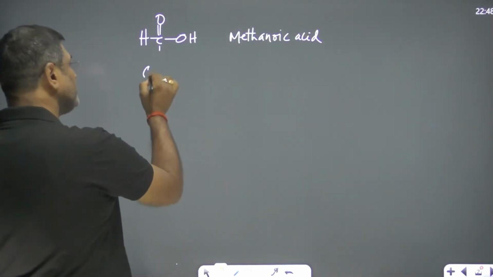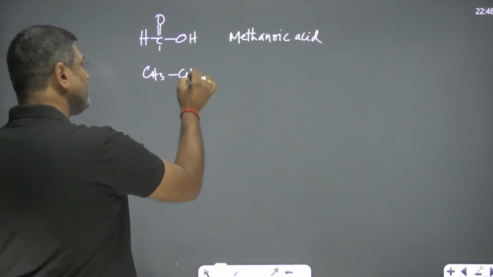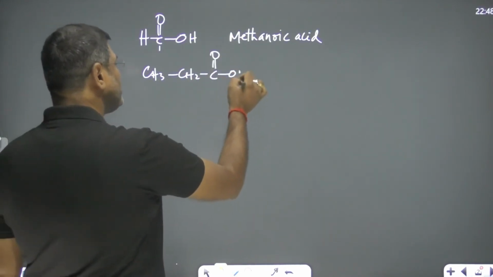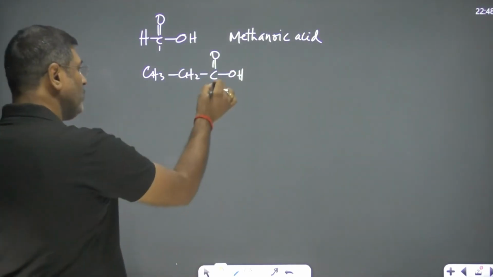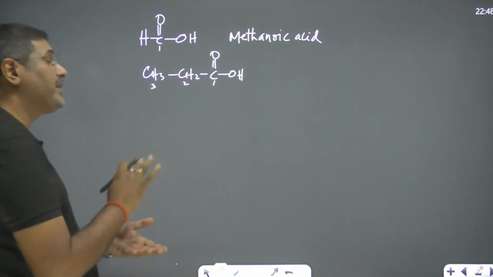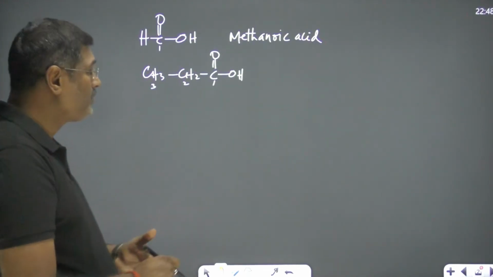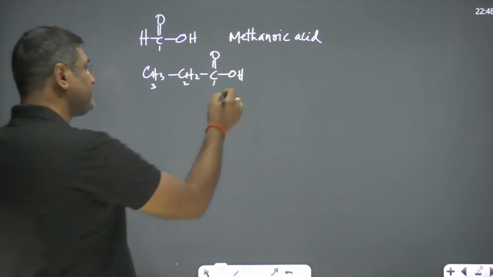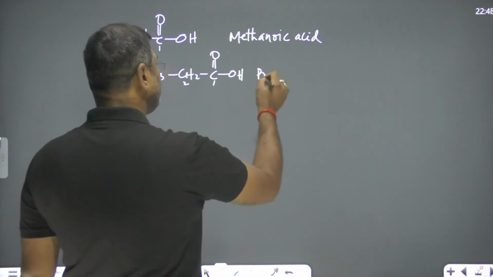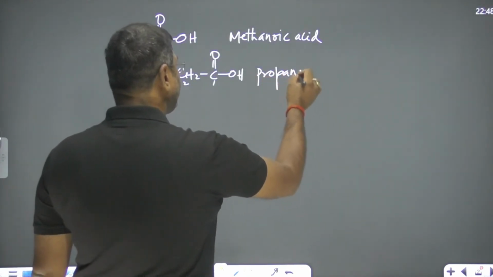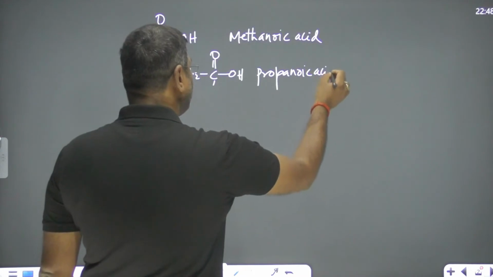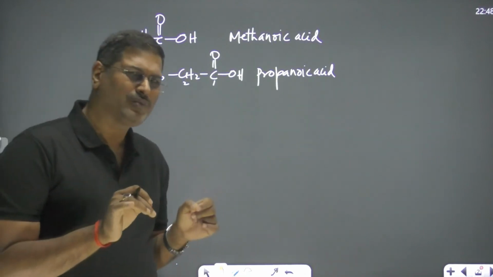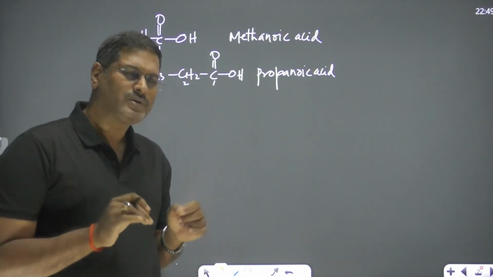If CH3, CH2 and C double bond O and OH, that is 1, 2, 3, 3 carbon atoms are there, then it is propanoic acid. Some of you can ask me, sir, you are not writing the position of this COOH.